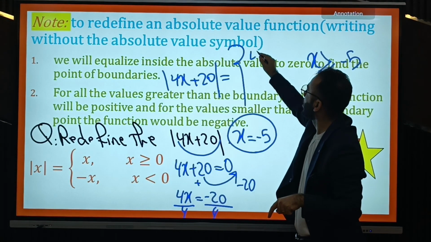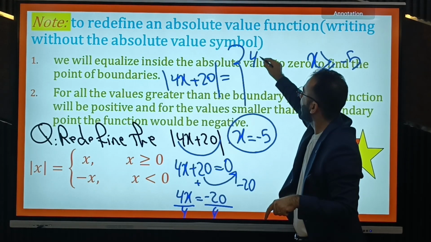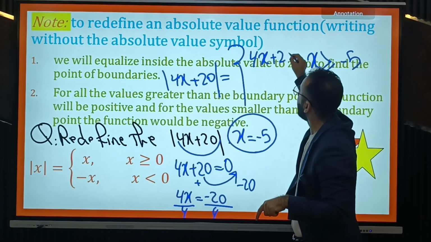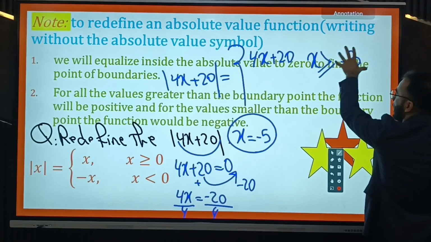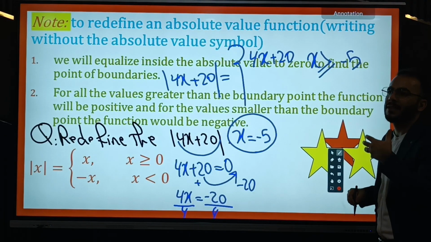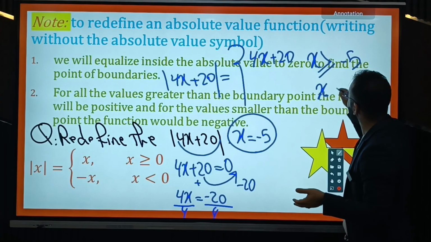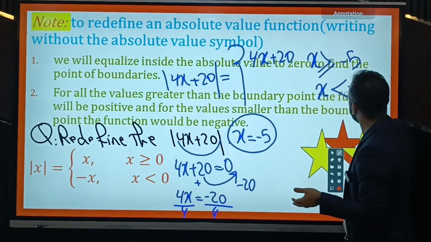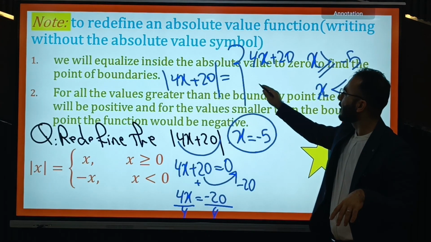So it means no change. Nothing will happen to the function, 4x plus 20. For all the values greater than negative 5, that function would give us a positive outcome. For all the values smaller than the boundary point, the function would be negative.